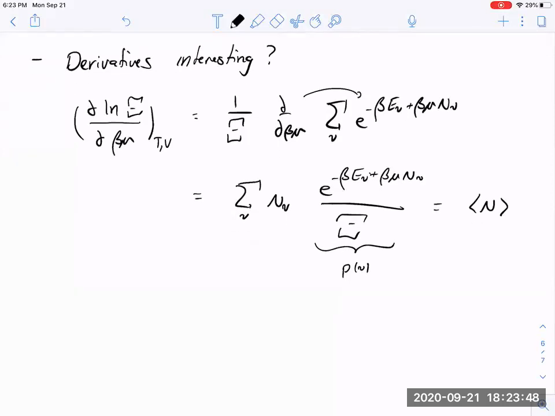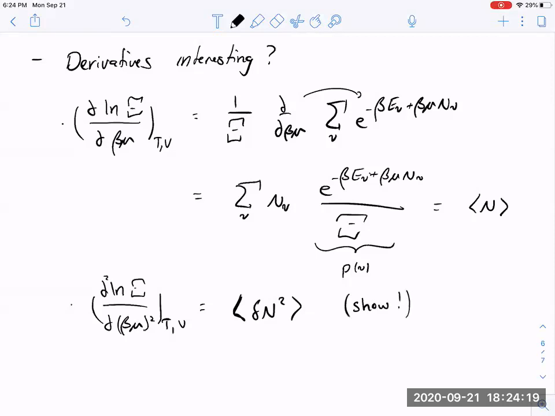I'm sure your excitement is just bursting to see what would happen if you take two derivatives of that partition function. I'll appease you. If you take two derivatives of this grand canonical partition function with respect to beta mu, holding temperature and volume constant, you should be able to show that you will generate the fluctuations in the particle number. That should be intuitive if you note that the grand canonical partition function is another cumulant generating function.